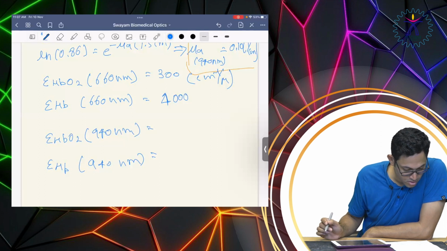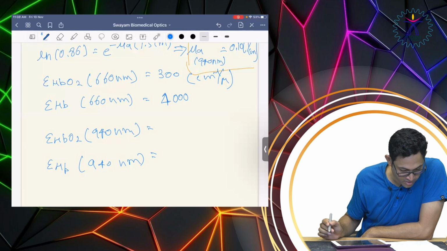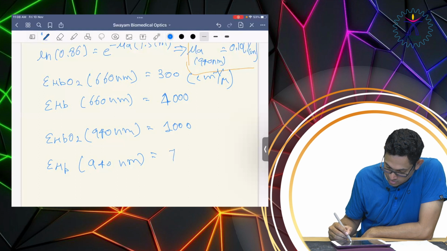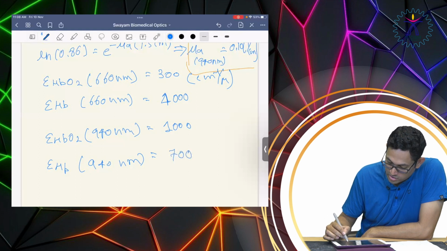For 940 nanometers, this is around 1000, and then the Hb at 940 nanometers is around 700. The units are the same.